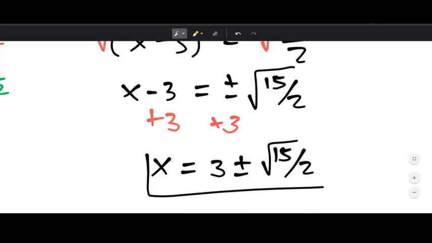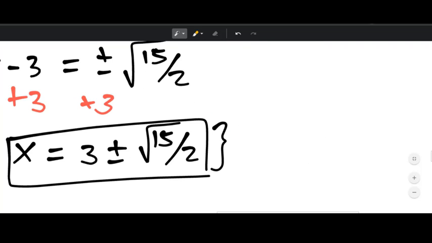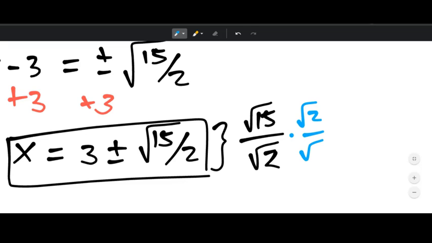And we cannot combine these terms, or you can rationalize it just so you're aware. You can write this as square root 15 over square root 2, and then multiply top and bottom by square root 2. And so this becomes square root 30 over 2 because you squared this here.